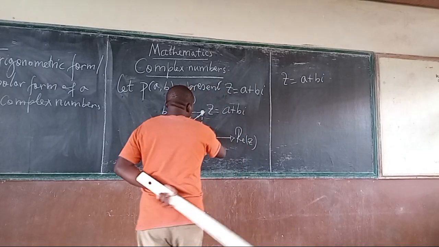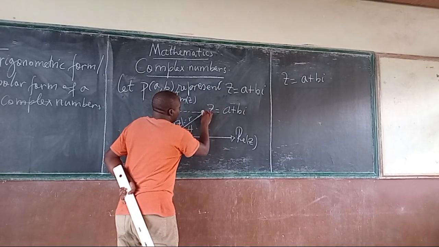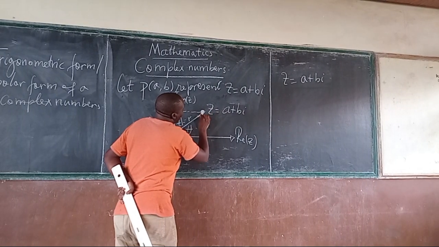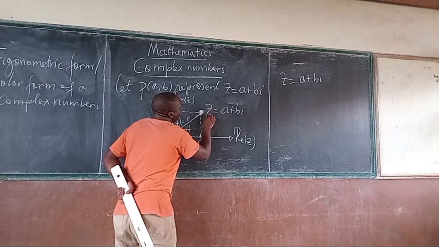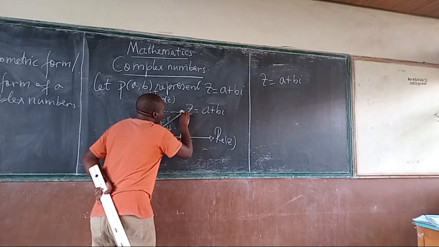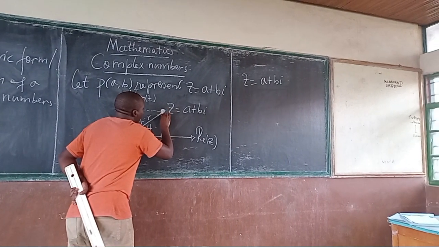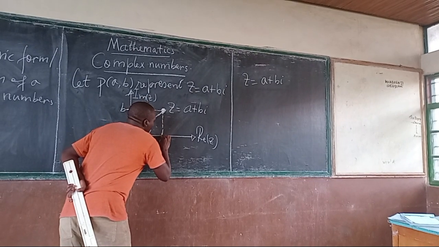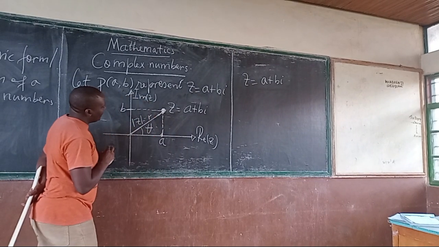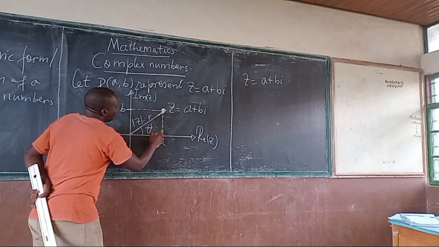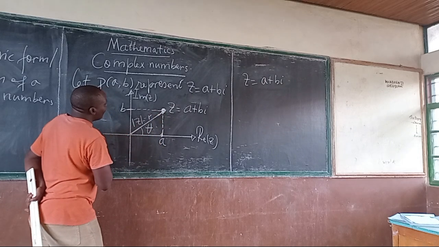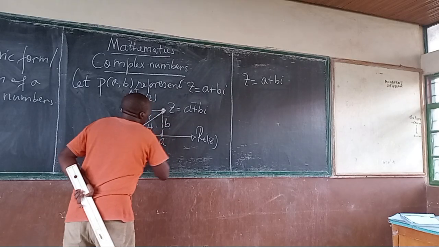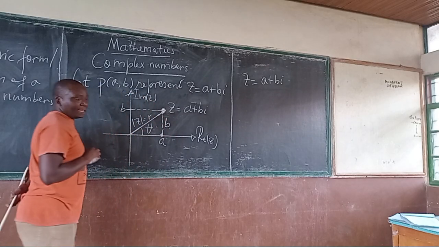As you see, the small line, or line segment, from the point Z until it reaches the real axis, this line segment is like B. Again, see me clearly.